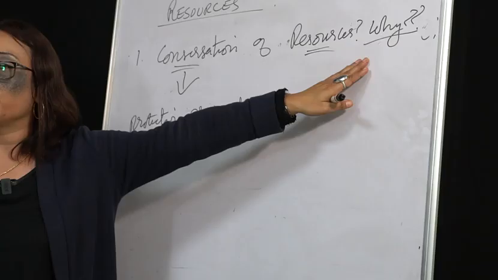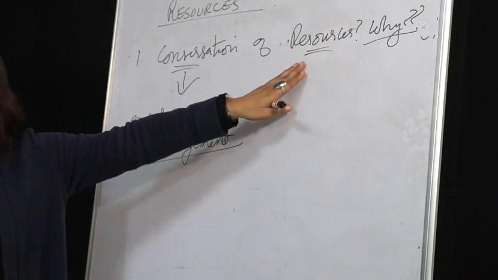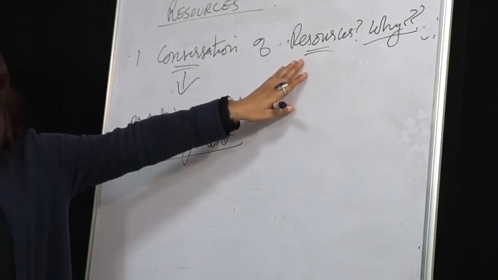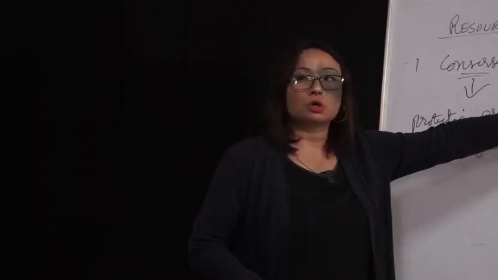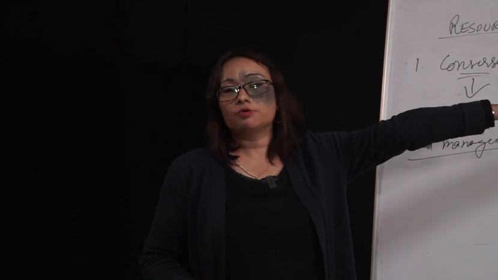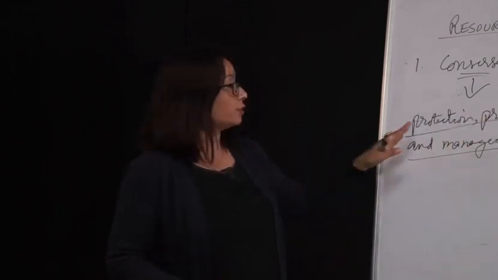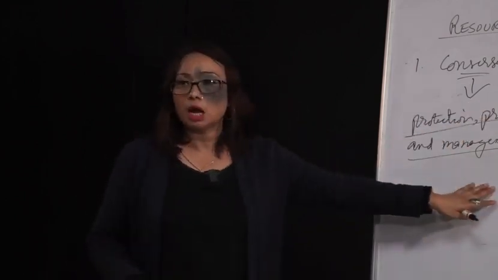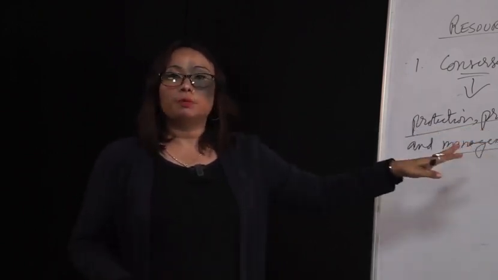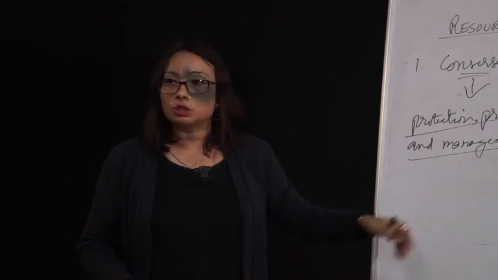Resources are very necessary for maintenance and sustenance of life on this earth as well as for development. But the quality and quantity of resources are getting depleted, and therefore we need to conserve, protect and manage the resources. How? By utilizing them efficiently, in a planned manner and also judiciously.